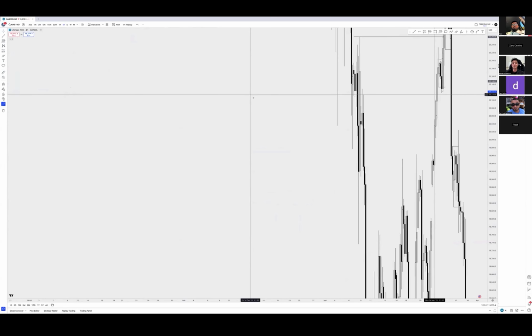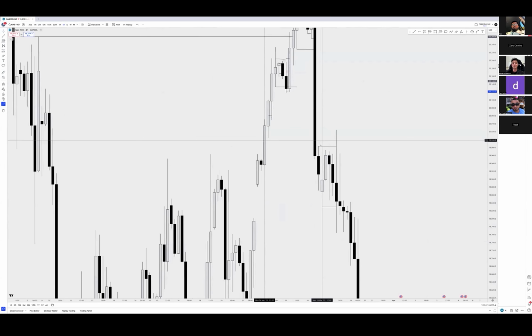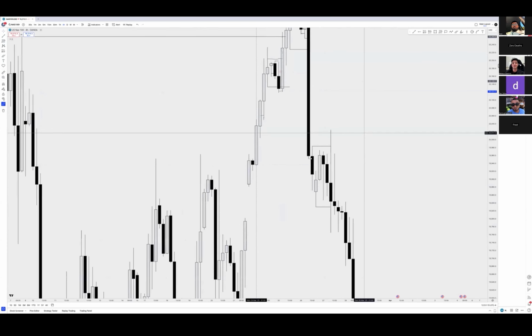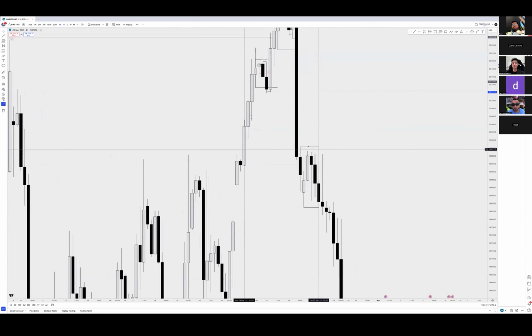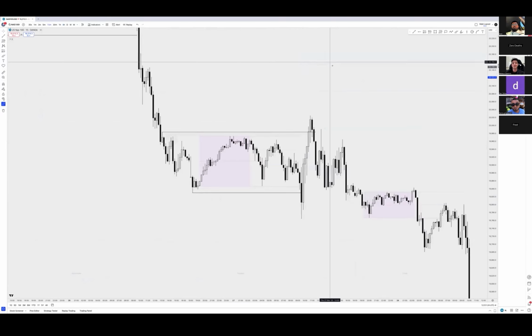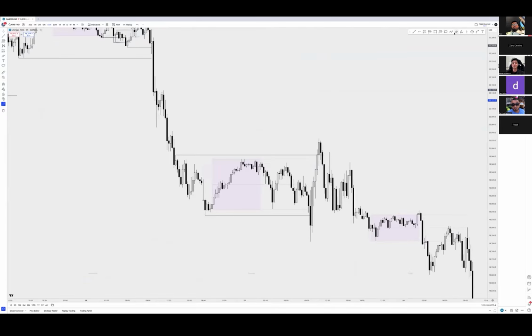Okay, and actually exactly where I drew out was the previous 4 hour high. So pretty much we got this huge imbalance above as well. So I seen this as well too.